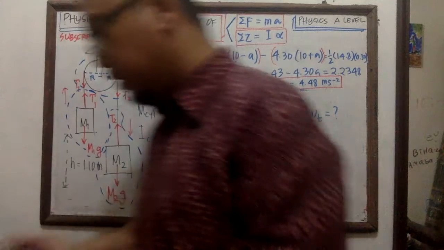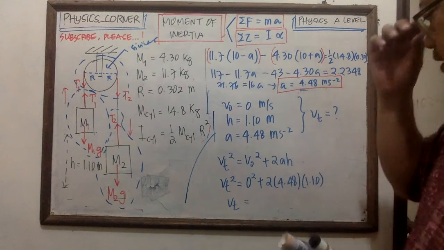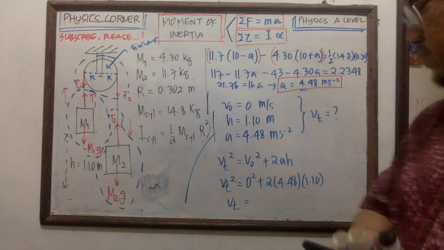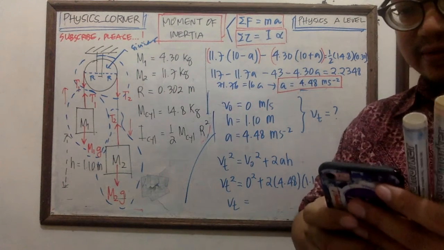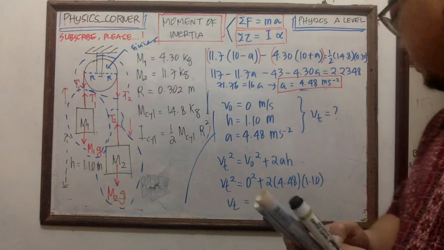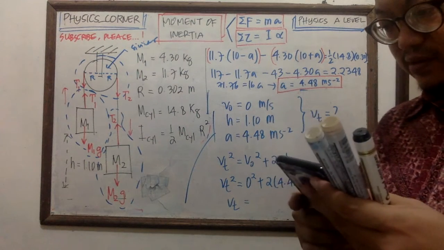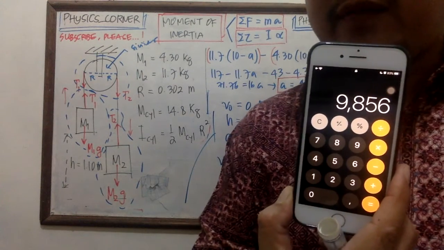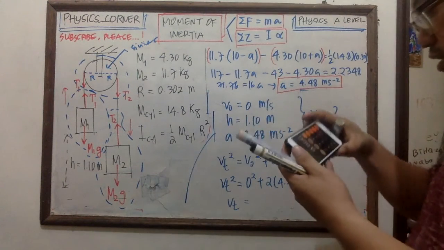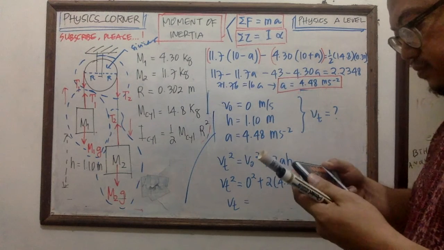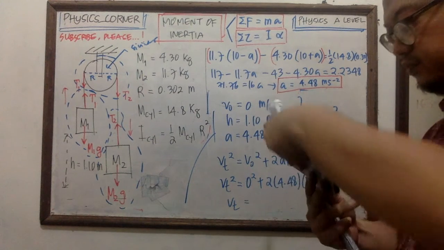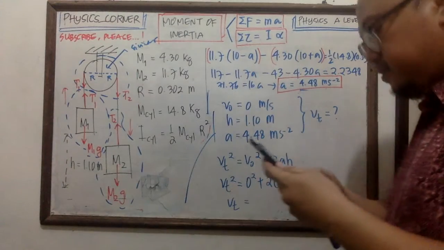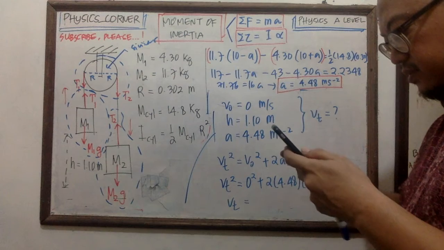We calculate this number as 2 times 4.48 times 1.1. So we get 9.856, and we take the root of it.